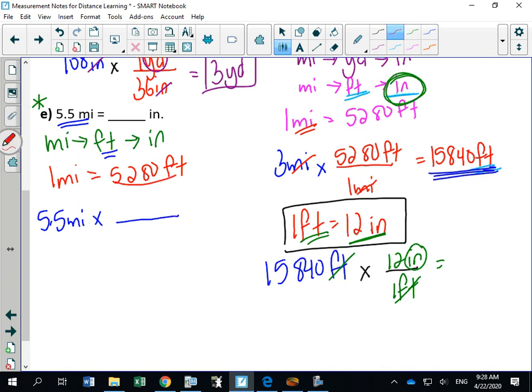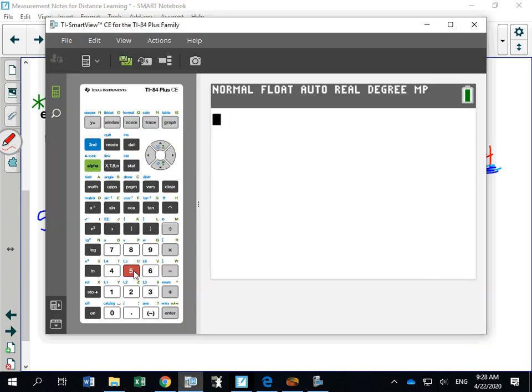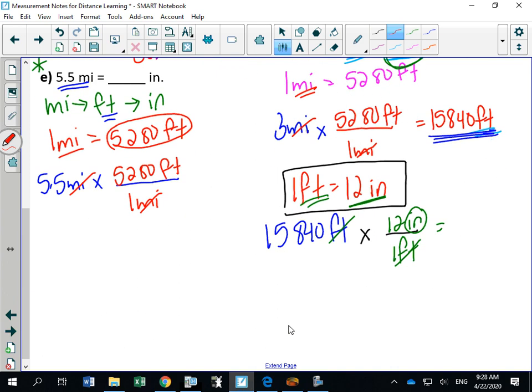So what I want is feet, and what I want goes on top. So 5280 feet goes on top, 1 mile goes on the bottom, a mile and a mile cancel, and 5.5 times 5280 would give me 29,040 feet.